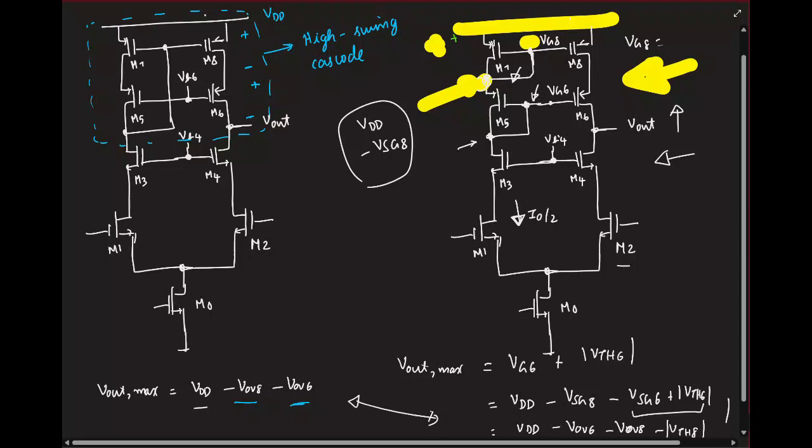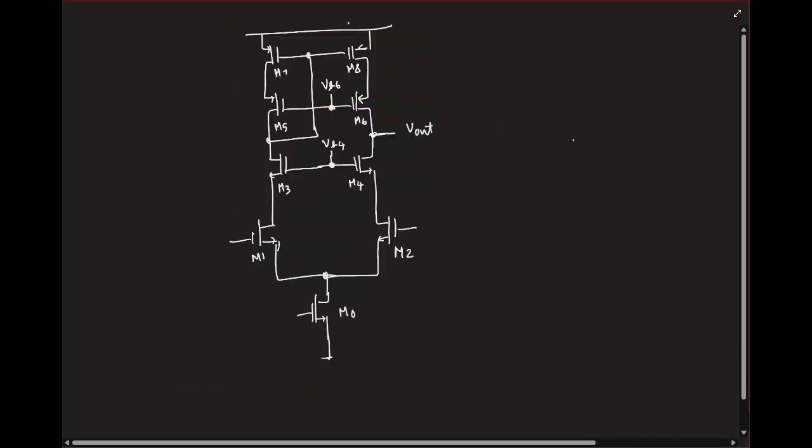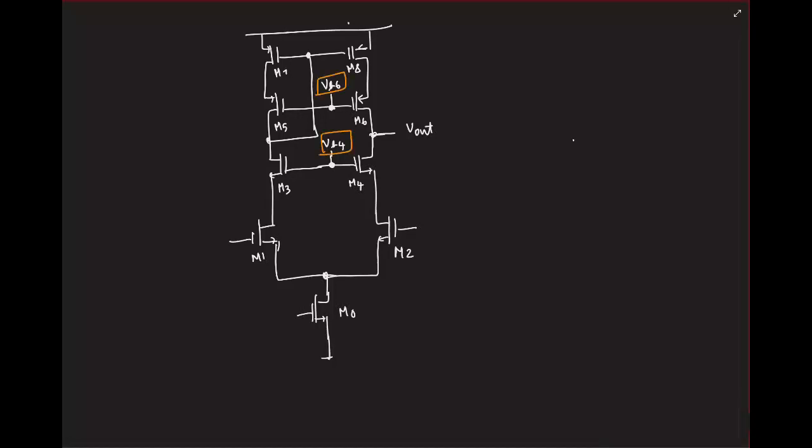Any question? Okay. So now we have this guy. So here everything is fine. We still have to generate these voltages, right?